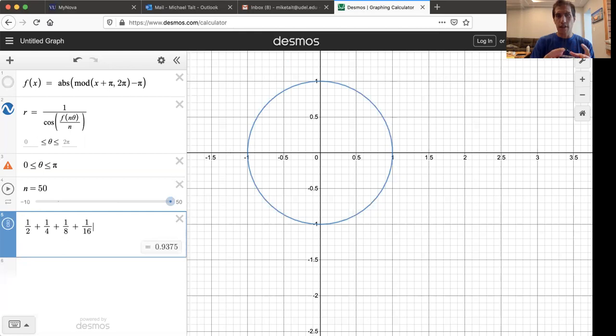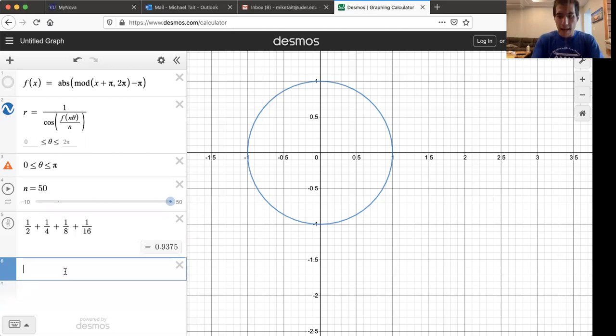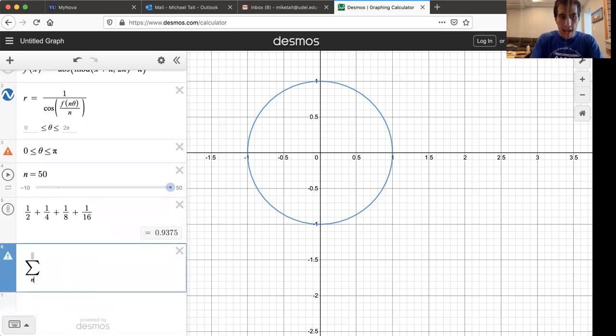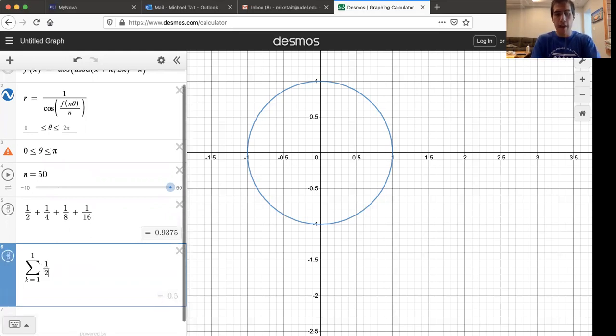I'm going to let the number of steps that I do go to infinity here, or get very large. And I'm going to write that using summation notation. If you don't know what this means, it's okay. We can talk about it later. But it's a way to write out these fractions so I don't have to type every single one.